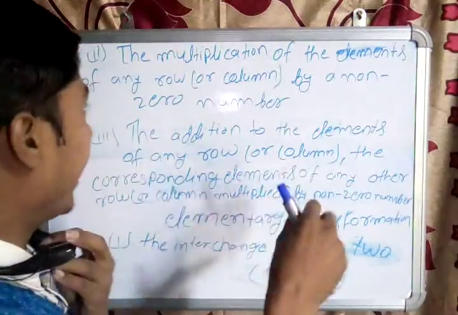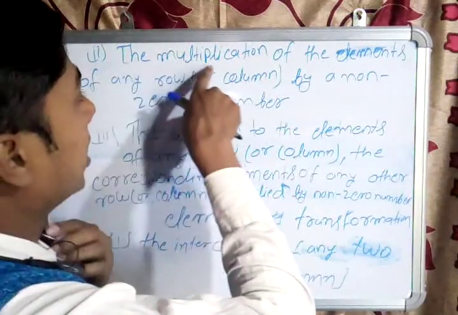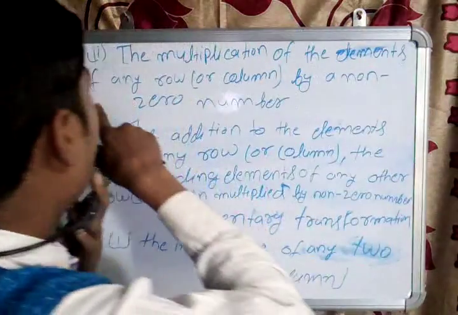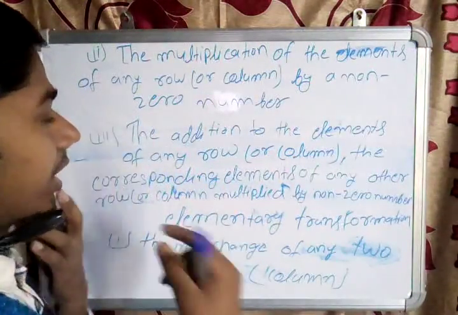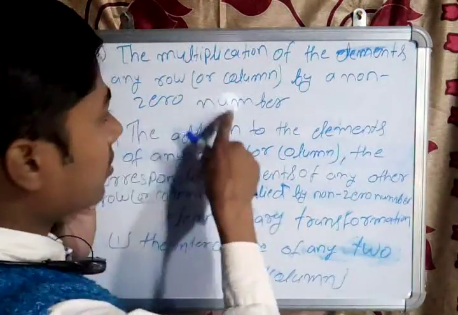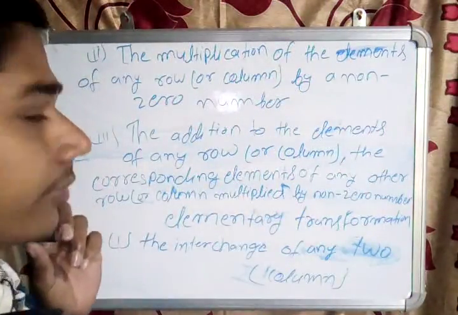I repeat that the multiplication of the elements of any row or column by a non-zero number.